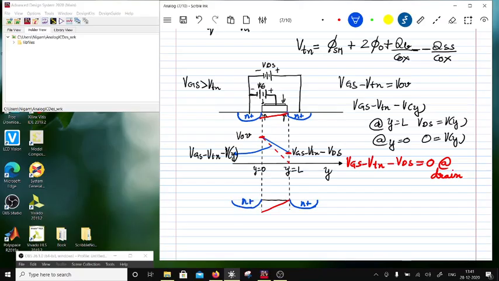So the channel has pinched off from the drain. Or rather, let's draw bigger. Don't worry, we'll draw these lines again.